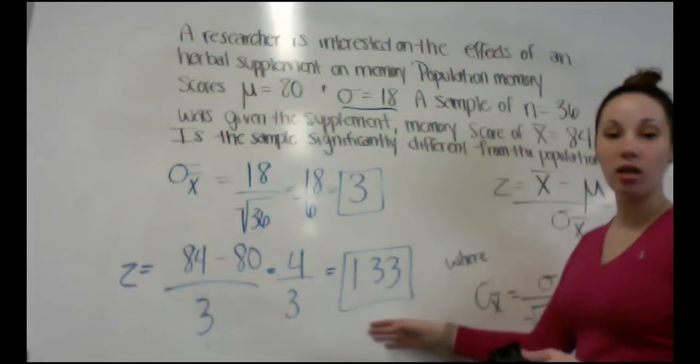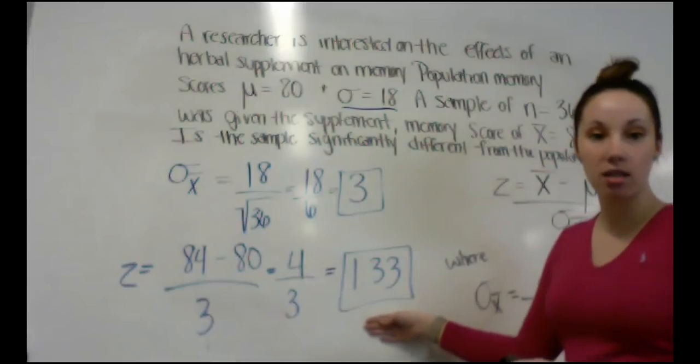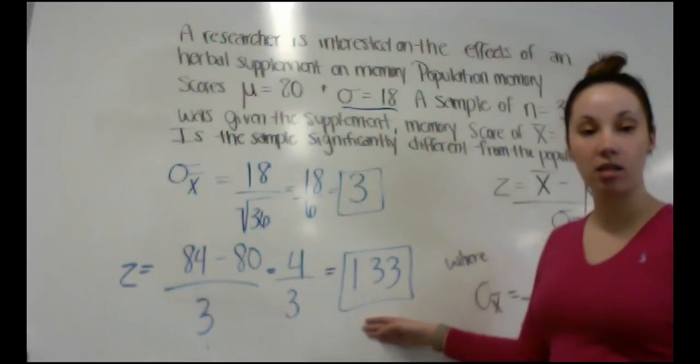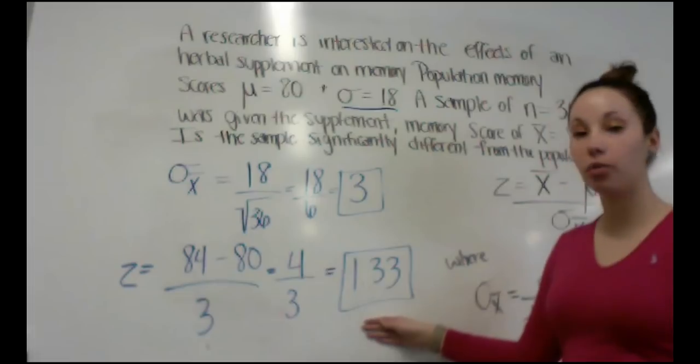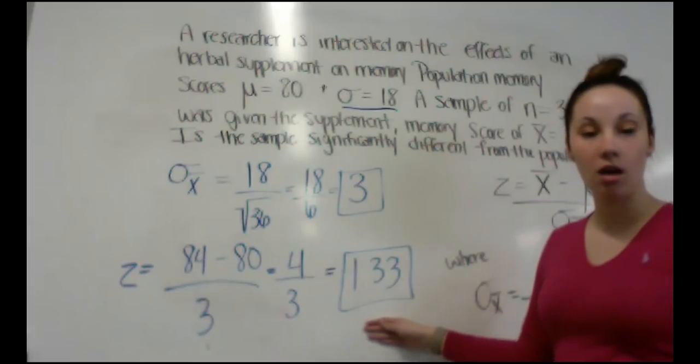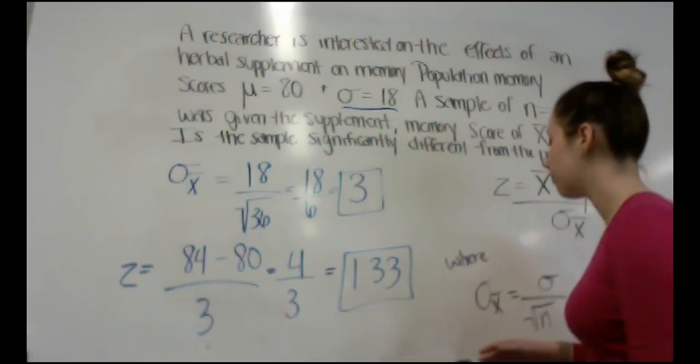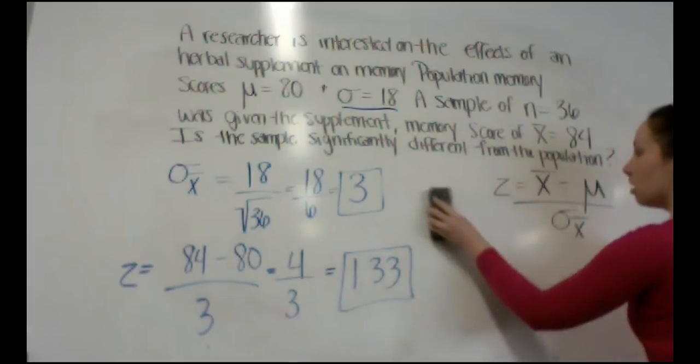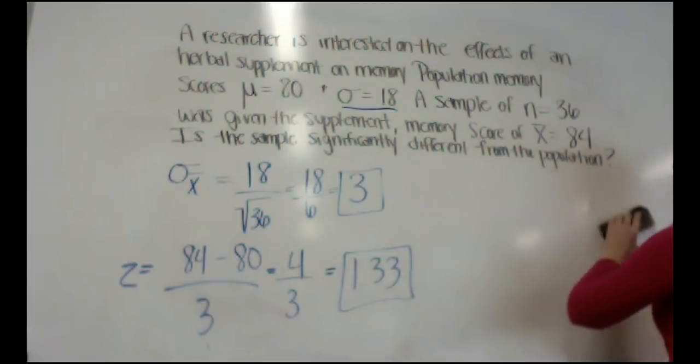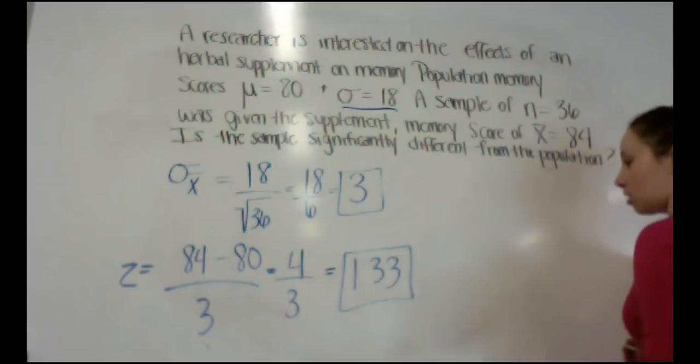This is the last step for the test that I'll have you do, is basically just finding the z. You're not going to have to interpret whether that z is significantly different or not. But if you're curious, this is how you would do it.